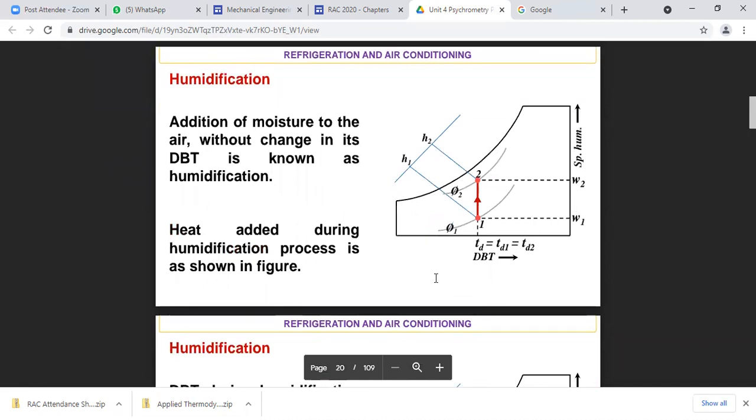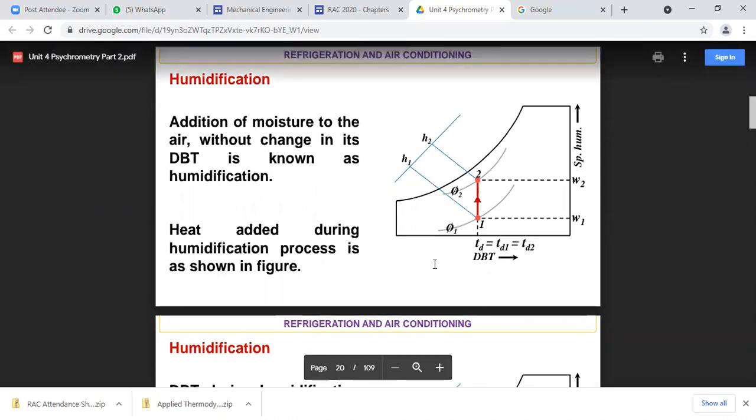Next we are going to see humidification, that is, adding of moisture content. Here we are only adding moisture to the air without changing its dry bulb temperature, and this is known as humidification. You can observe humidity is increasing and temperature remains the same.